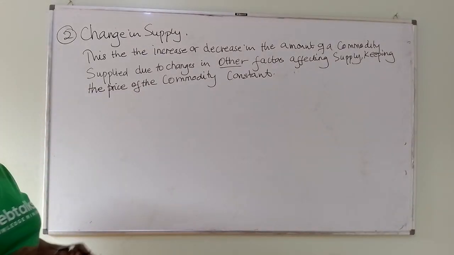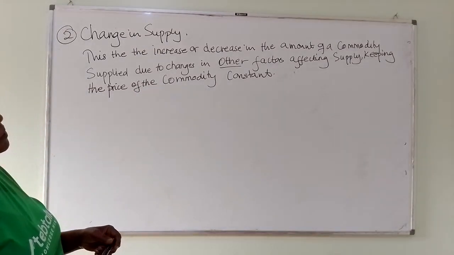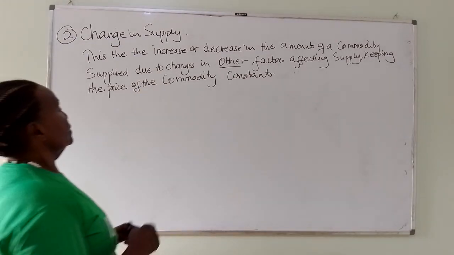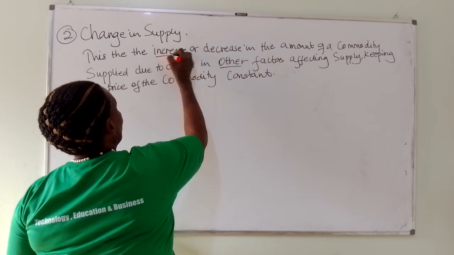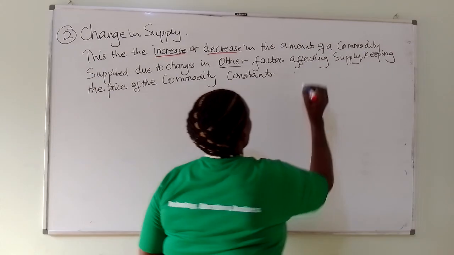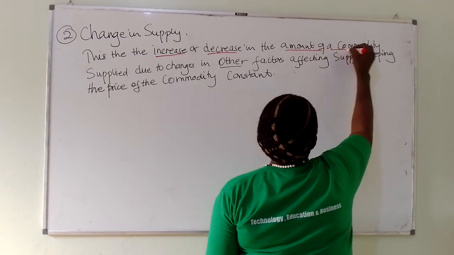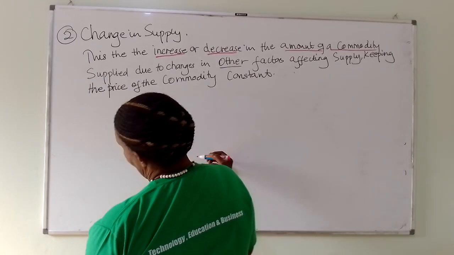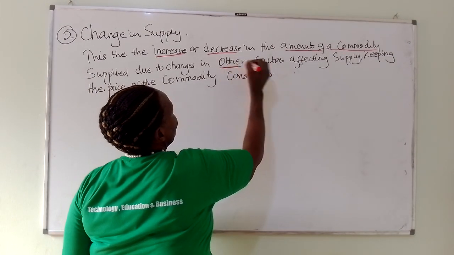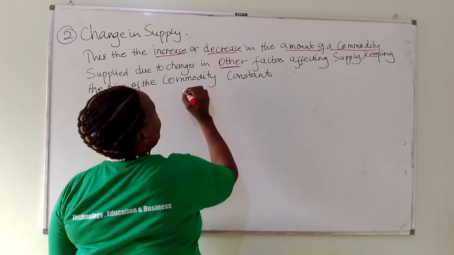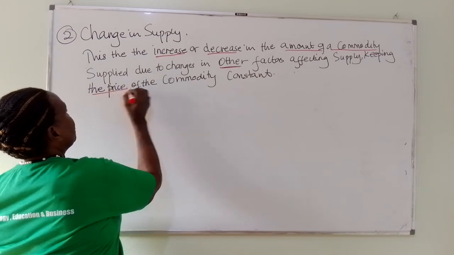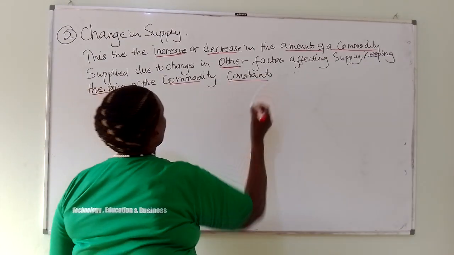In the first definition of change in quantity supply, we saw that there was also an increase and a decrease. It can either increase or decrease. And what is increasing or decreasing? The amount of that commodity in question which is supplied. And why is it changing? Because other factors affecting supply are changing, but the price of the commodity remains constant.